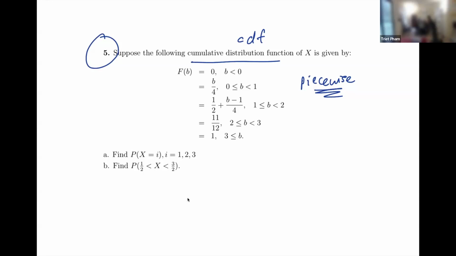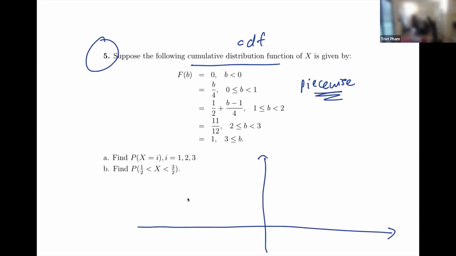Okay. So it's not asked for here, but for this problem, it's instructive to sketch the CDF just to see what's going on. It starts at 0, which is supposed to be for a CDF, up to 0.